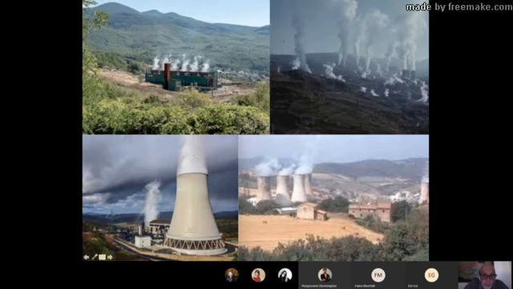In the old days, the cooling towers were all natural draft. The one on the top right is an old picture, and in the old days they used to have emissions just about everywhere, whenever they didn't want the fluid, and they emitted it to the atmosphere.